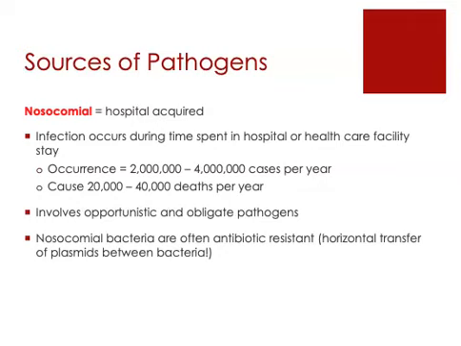Remember, these are people that are being hospitalized for something else, so their normal immune function, their normal barriers to infection are compromised, and an opportunistic pathogen can take advantage of that. Another problem is that nosocomial bacteria tend to be antibiotic resistant. And if you recall our discussion of horizontal transfer of genetic material, the plasmids that carry antibiotic resistance genes can be spread from bacteria to bacteria in a hospital setting.